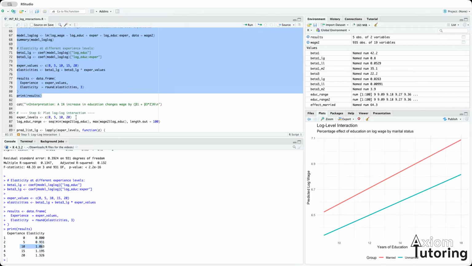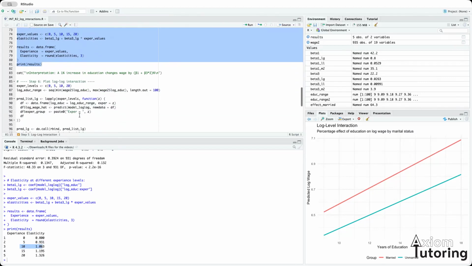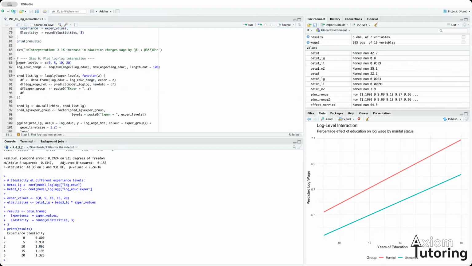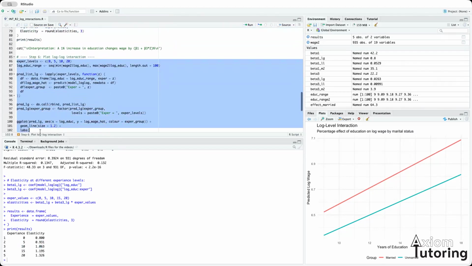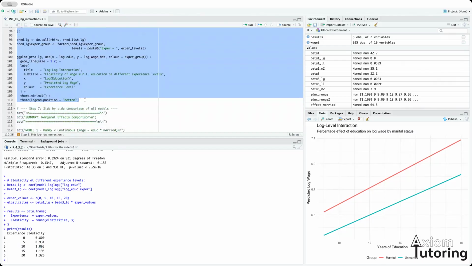Because keep in mind, when we say that we have a 1% increase in education, now the derivative should have been beta 1 plus beta 3 z%, okay? That's why we're going to see a different elasticity result for the different levels of experience. Let's plot the different lines in here, just as in the previous one.